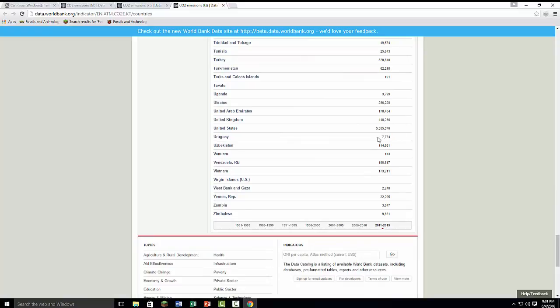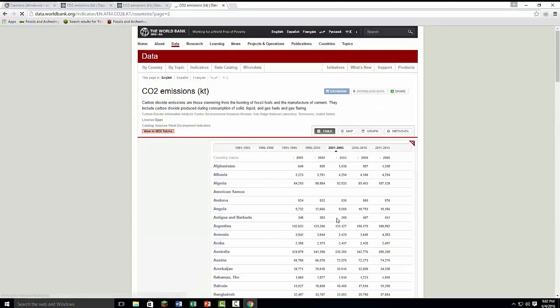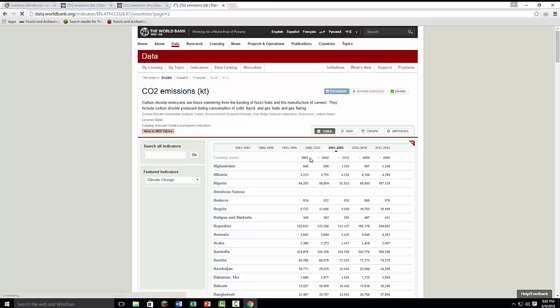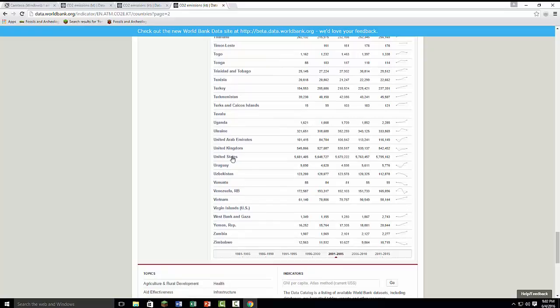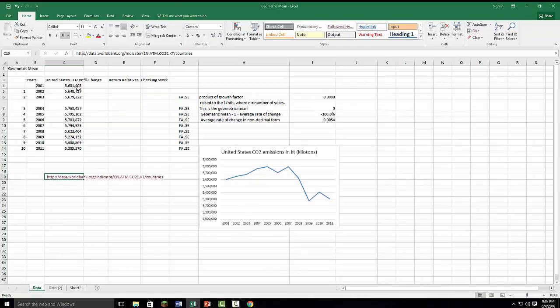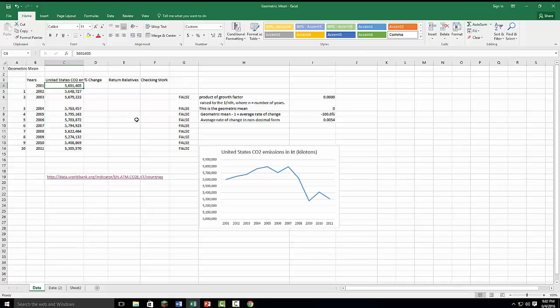This is the value 2011, and we could get more data by clicking on these links. Beginning in 2001, I just recorded the data from the United States and put it into my Excel file, which the values are shown here.